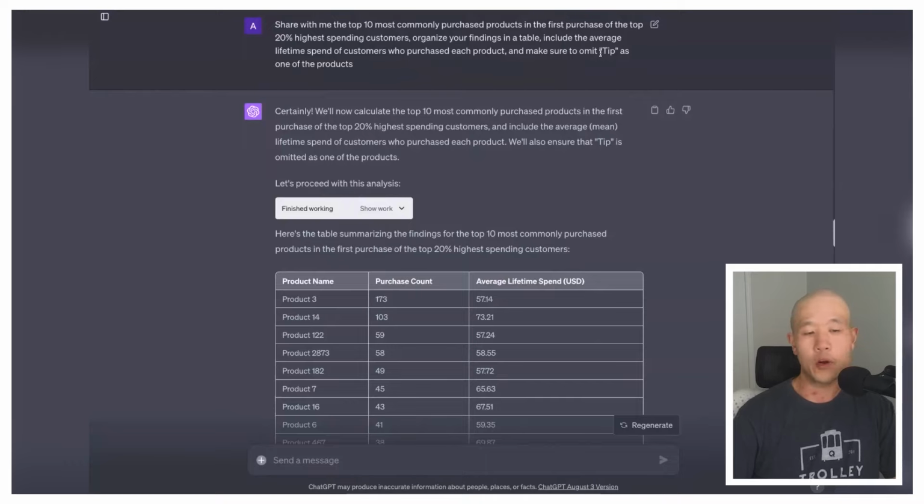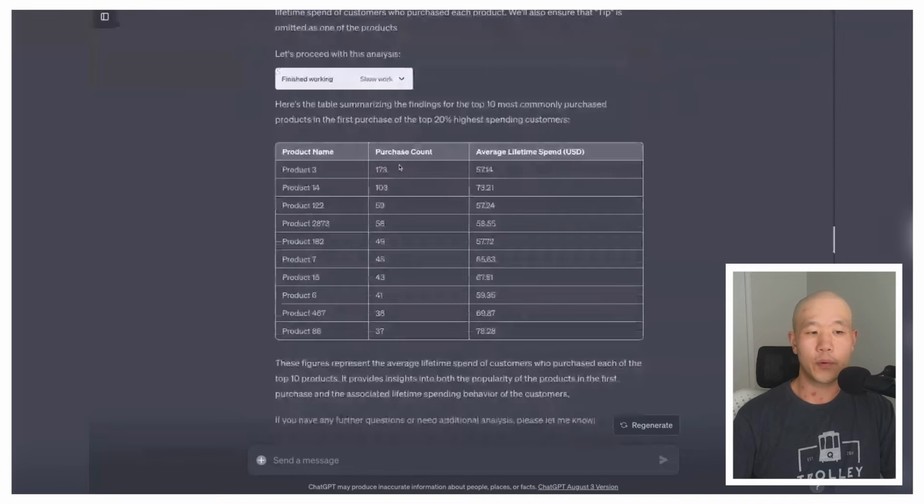The reason why I want to omit tip is because I don't really care about how that's performing right now. What I care most about is what are the products that are leading to good LTV outcomes when ordered as part of a customer's first purchase.